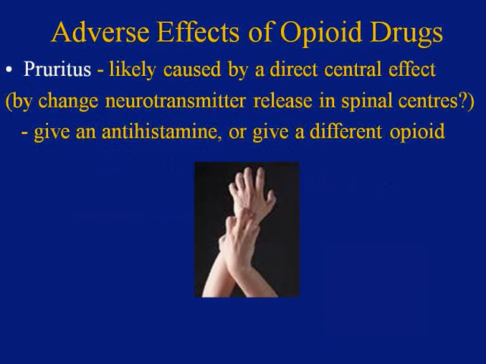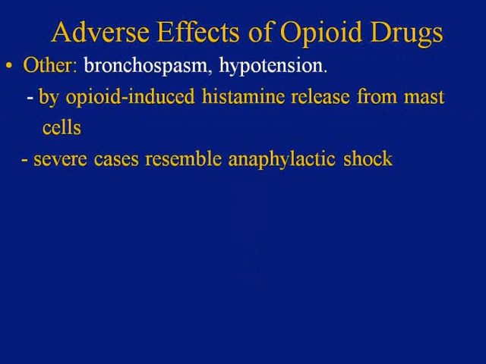And pruritus can happen. It is likely due to a central effect where activation of the central opiate receptors causes a change in the neurotransmitter release in the spinal centers. And the patient can be treated by giving an antihistamine, or else switch to a different opiate.